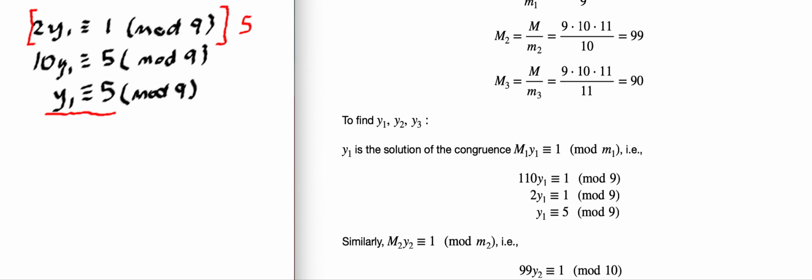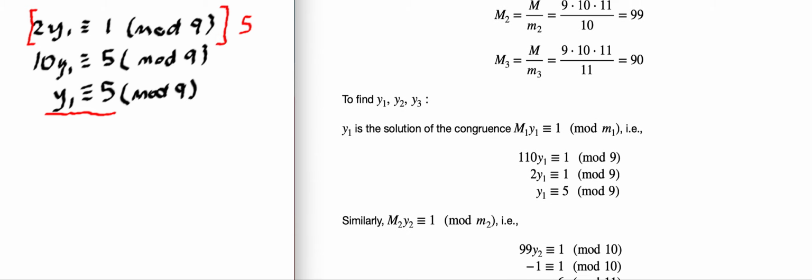So what we have is 99 y sub 2 is congruent to 1 mod 10. Imagine 99. If you add 1 to 99, that's going to be 100, and 100 is a perfect multiple of 10. So we need to deduct 1 from that 100 to make it 99. Hence, our remainder here will become like this.